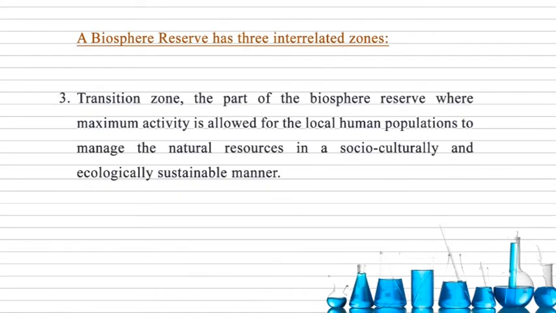And finally, transition zone, the part of the biosphere reserve where maximum activity is allowed for the local human populations to manage the natural resources in a socio-culturally and ecologically sustainable manner.